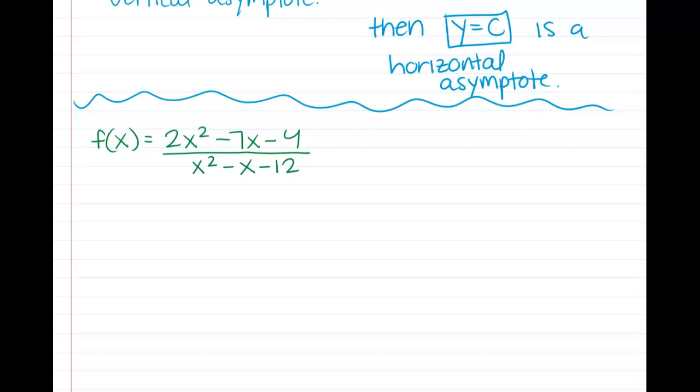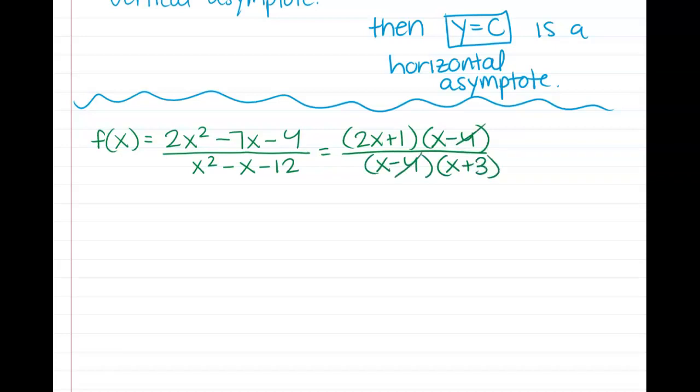So the first thing we can do for vertical asymptotes is factor it. The top factors into 2x plus 1 times x minus 4. And the bottom factors into x minus 4 times x plus 3. The x minus 4's cancel, so there's a hole at x equals 4, or where x minus 4 equals 0.